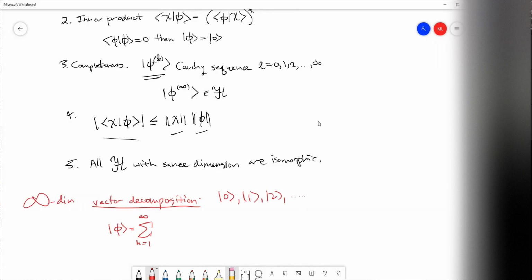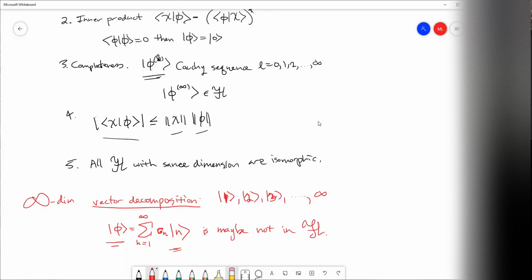There must be an infinite number of them because the dimension is infinite. If you decompose any vector into your infinite basis, maybe we'll start with 1, a little bit easier for notation, 1, 2, 3, all the way up to infinity, it just keeps going. Well, then this becomes an infinite sum of little basis vectors from 1 to infinity. And this is maybe not in your Hilbert space.